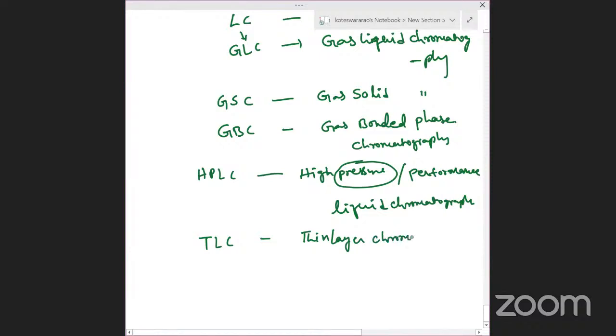All these important methods we are going to learn in the next unit. HPTLC is high performance or high pressure thin layer chromatography.